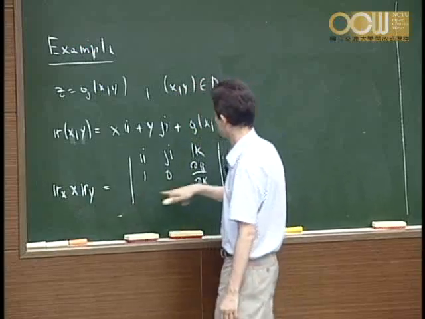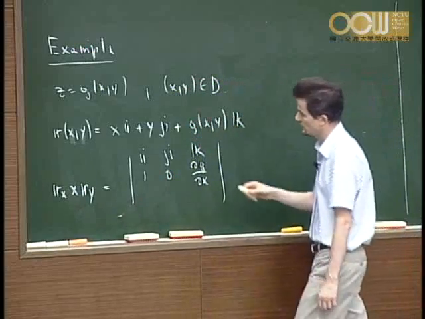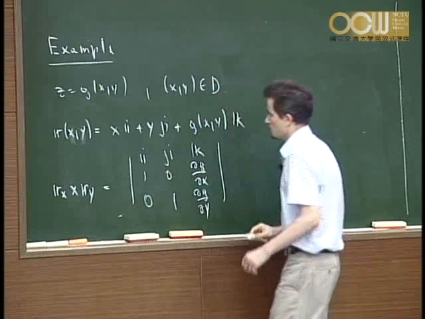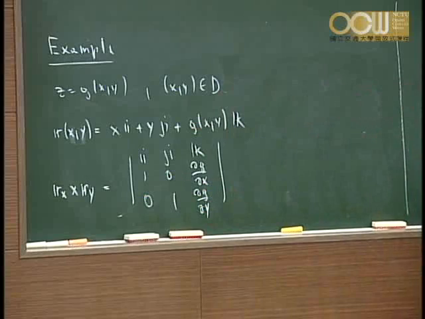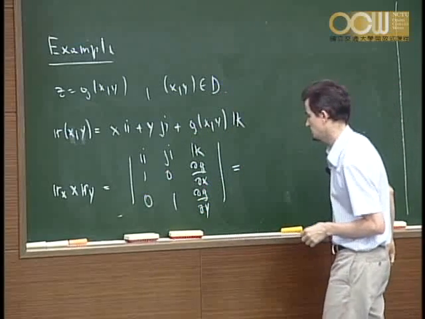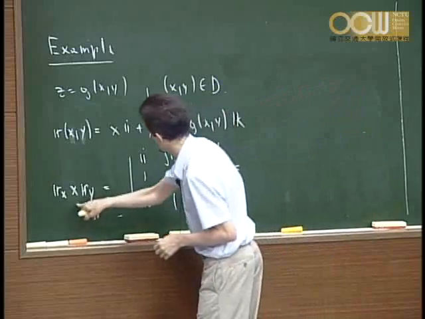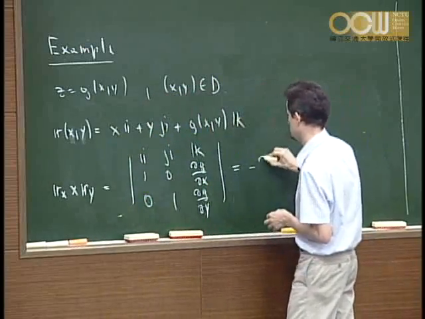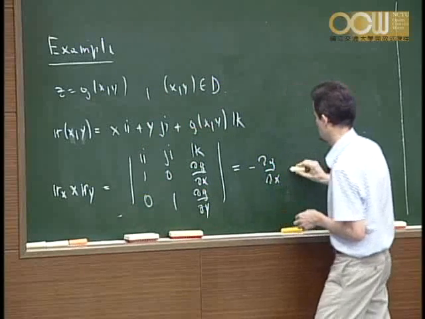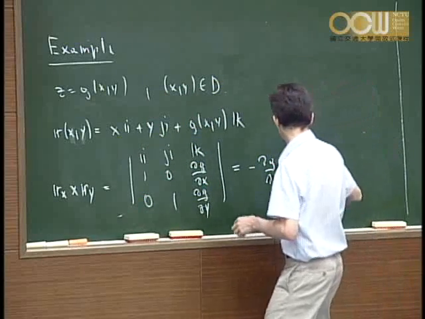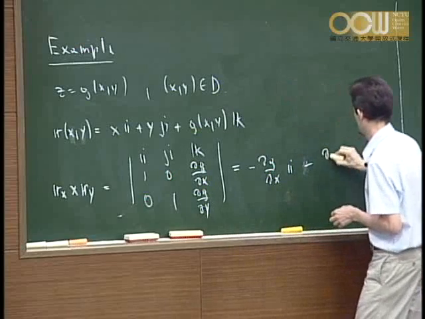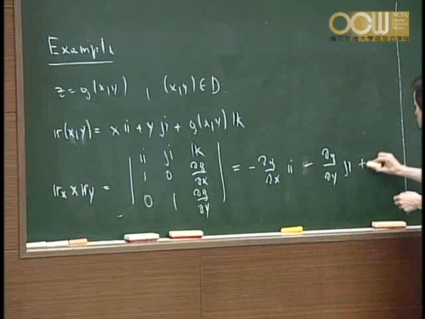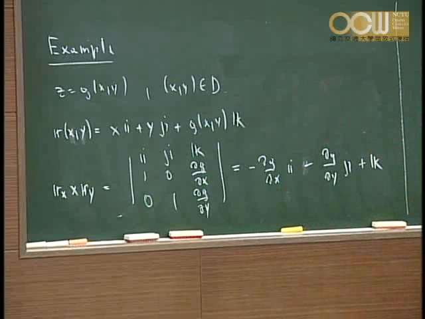The last row is the derivative with respect to y, so we have 0, 1, the partial derivative of g with respect to y. By the rule of computing the determinant, what we get is minus g_x i, minus g_y j, plus k. So what we get is this here.